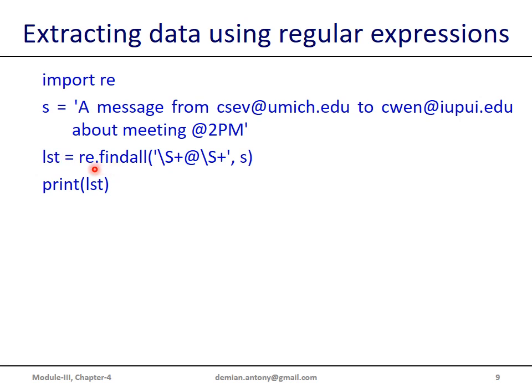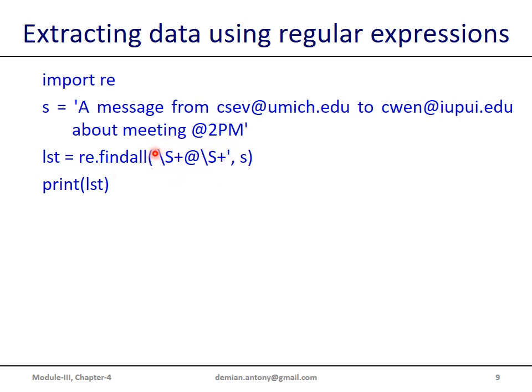Instead of a search function, we have to use the function FindAll. This FindAll takes two arguments. The first argument is a regular expression, the second argument is a string. This FindAll returns a set of substrings which match the regular expression.